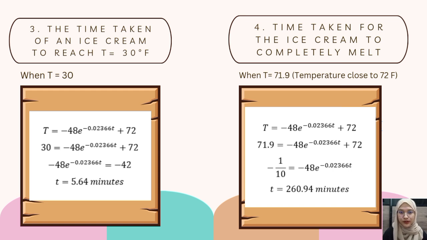This gives t equals 260.94 minutes. So, in conclusion, the ice cream reaches 30 degrees in about 5.64 minutes. It completes the melt in approximately 260.94 minutes.